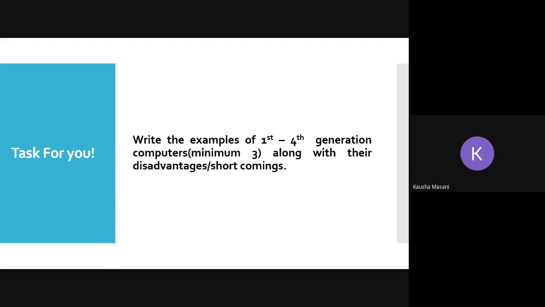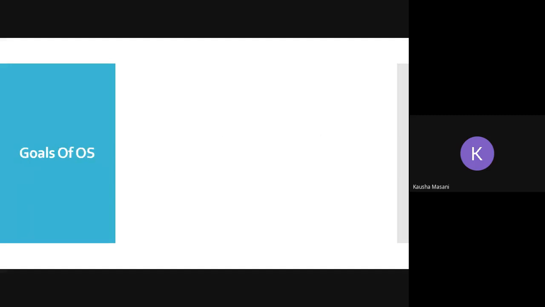Assignments are also there this time, and I will give you the information about that assignment in the next session also. Now we have 5 minutes more, so I'll tell you what we are going to do in the next session. In the next session, we are going to see what are the goals of your OS, what is the actual goal of your OS, and what is the function of OS.